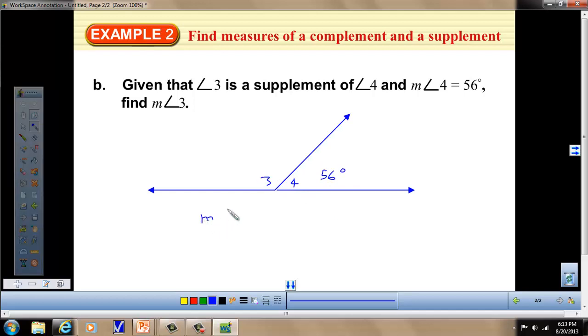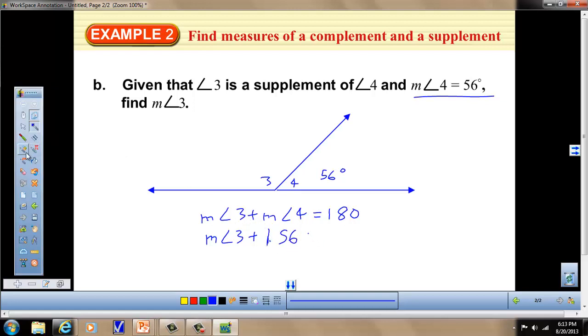We know that the measure of angle 3 plus the measure of angle 4 is equal to 180. And we know angle 4 is equal to 56. Therefore, the measure of angle 3 plus 56 is equal to 180.